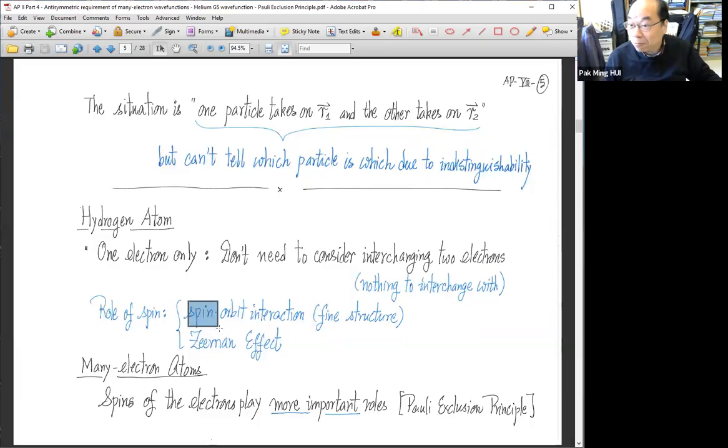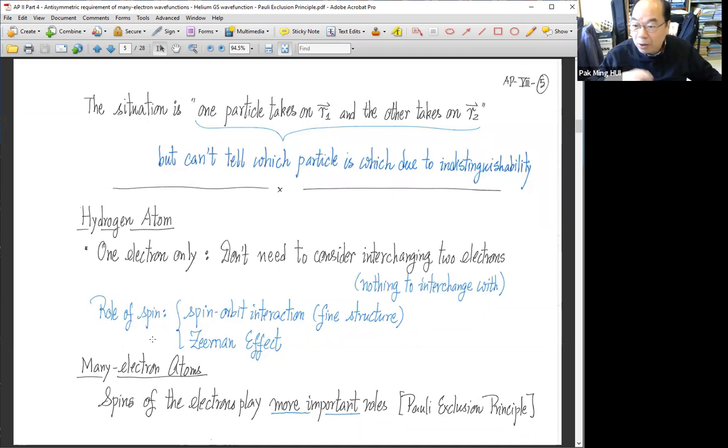So spin also plays a role there. And then the spin magnetic dipole moment interacts with the external field in the Zeeman effect. So we have looked at the role that the spin of the electron plays in the hydrogen atom.